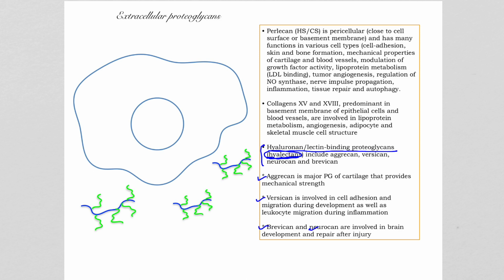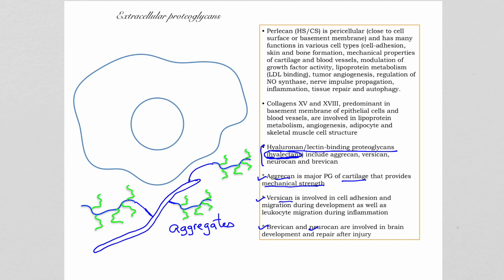These have binding sites for hyaluronan. So this, for example, can bind here, this can bind here, this can bind here. And when they do that, they form very, very large structures that we call aggregates. Okay, so aggrecan is the major proteoglycan of cartilage that gives cartilage its mechanical strength.